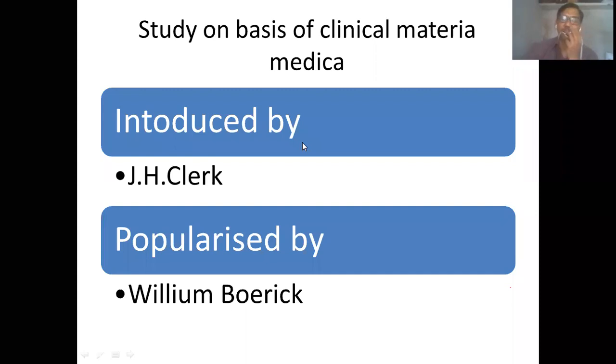I have not mentioned that here. Remember that this method was introduced by a great stalwart in the field of materia medica, J.H. Clarke, later popularized by William Boericke and S.R. Pathak, the Indian materia medica person.